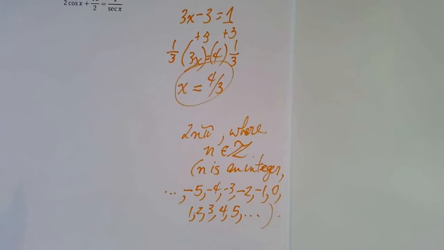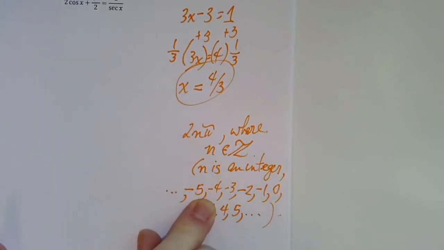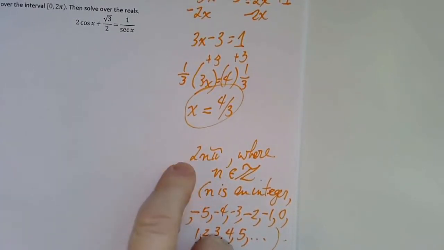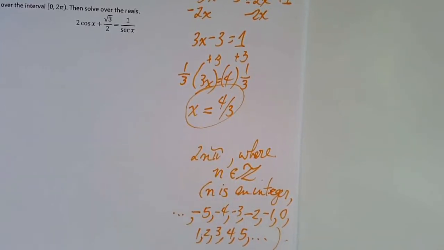So we're saying that if n is any integer, and I have a solution for a trig equation, I can add 2 pi, or if n is 0, I can add 0. If n is 5, I could add 10 pi. Any multiple of 2 pi I can add, because that's like a coterminal angle.